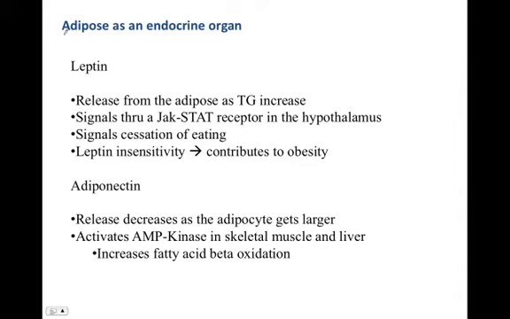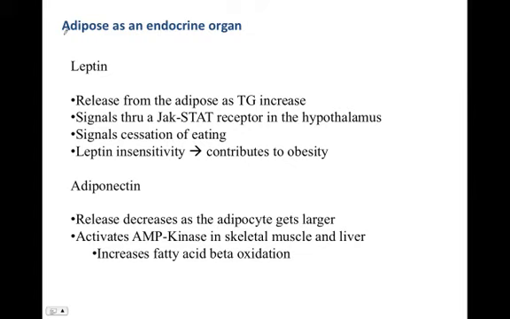Leptin is released from the adipose as triglyceride content increases. It circulates to the hypothalamus via the bloodstream and signals through a JAK-STAT receptor. This signals a cessation of eating, so this is your sensation of fullness.